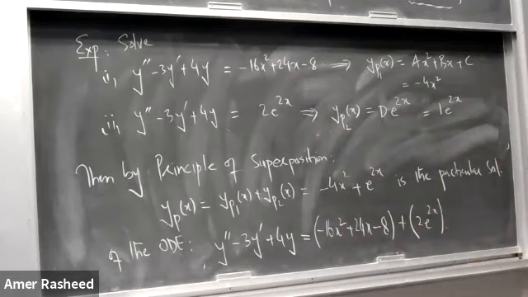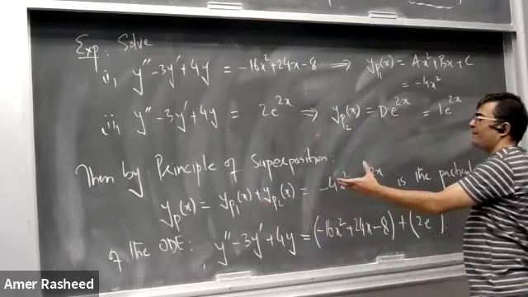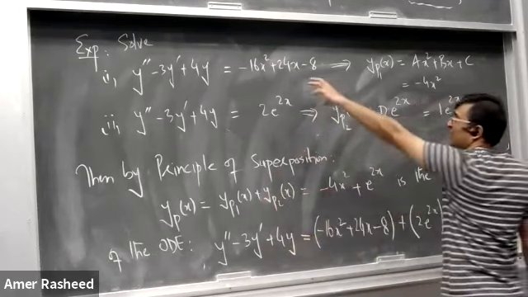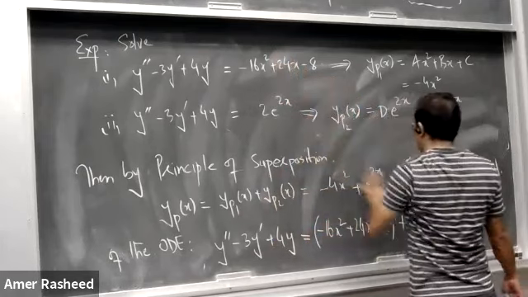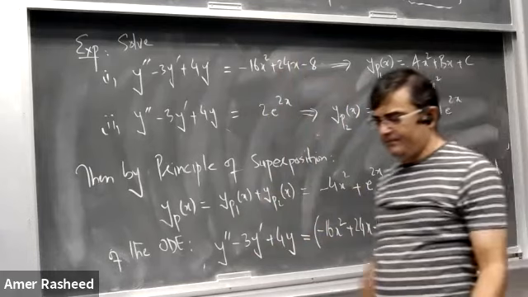Okay, so the sum of these two particular solutions will be a particular solution of this differential equation, which has the sum of these two right hand sides of those two differential equations whose left hand sides are the same.